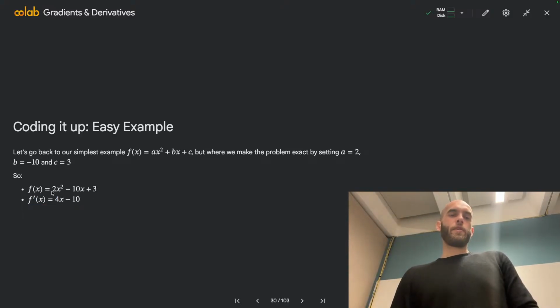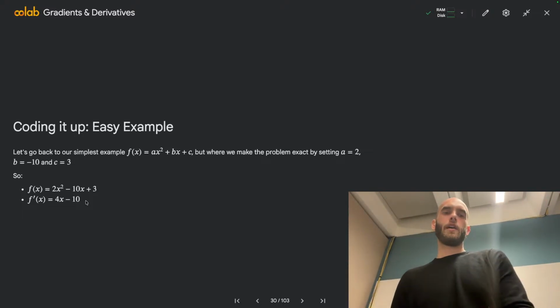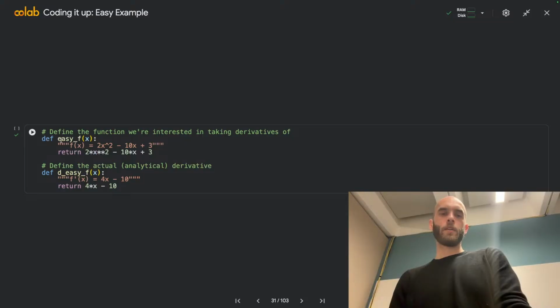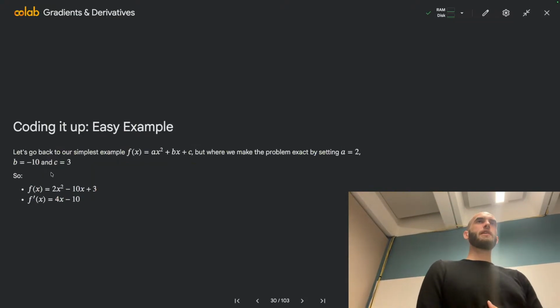So we have the function itself, which we're going to evaluate using our numerical derivative function. And then we can also check whether what we're doing is correct using the thing we know. So we're going to check whether we're close between the two. Just like I did with the derivative function, any questions here?